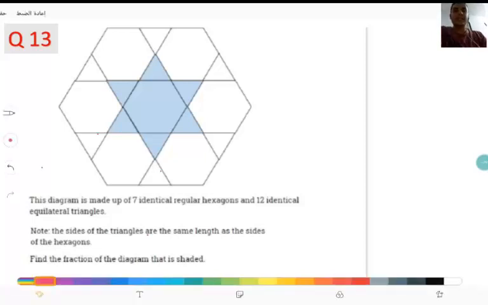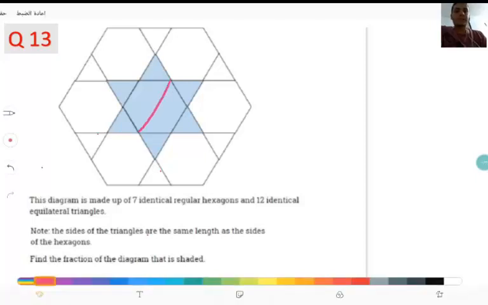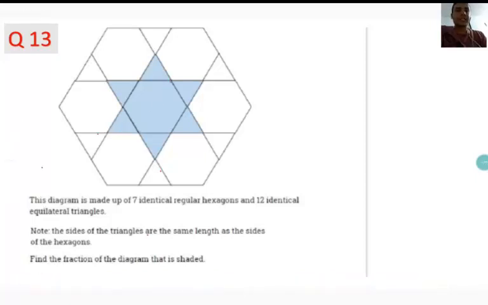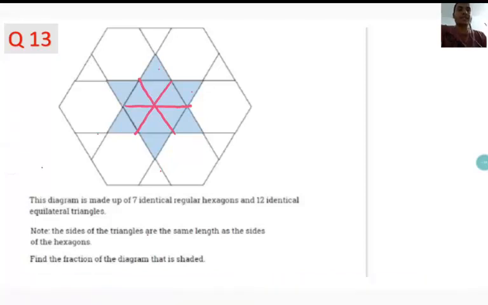that means if I divide the hexagon, or if we match the diagonals of the hexagons, we will have 6 equilateral triangles, which are equal to the other outside triangles.